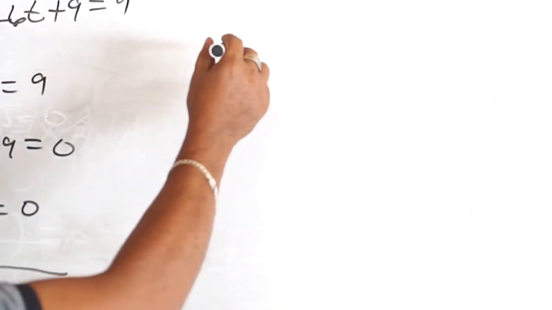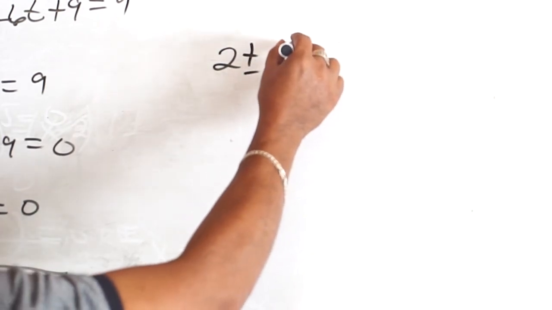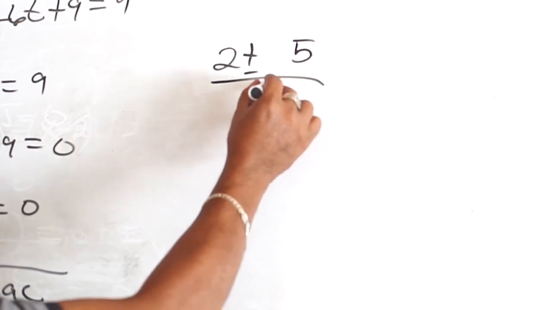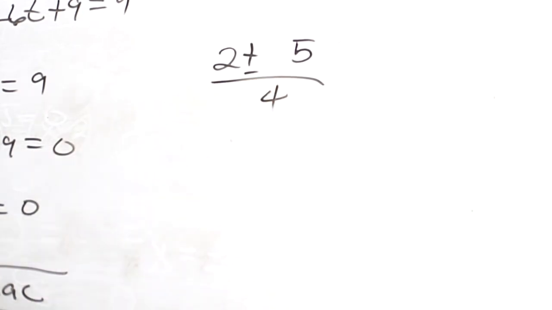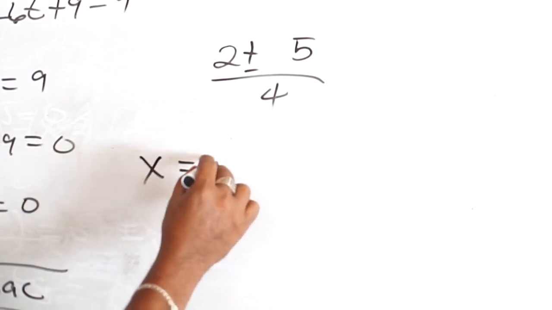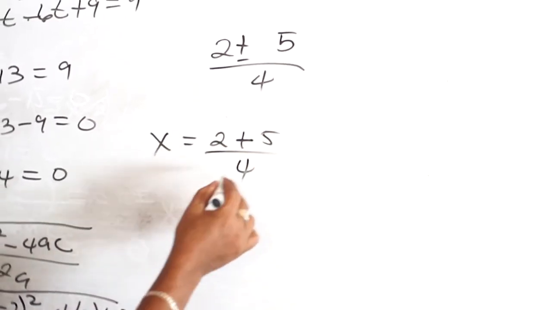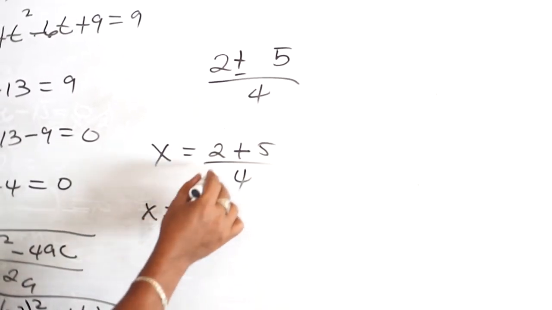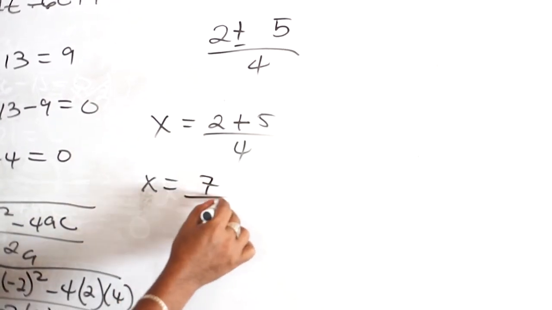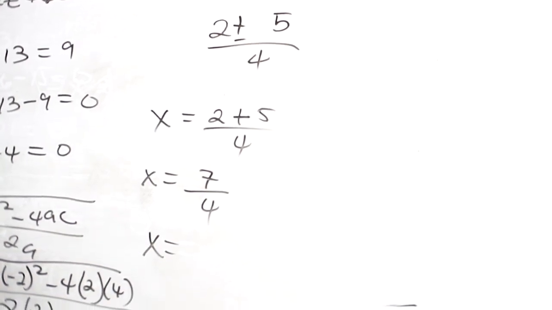Okay, so we have 2, positive and negative 5, then over 4. Okay, to solve the first element, so x is equal to 2 plus 5 over 4. Okay, so x is equal to, add 2 plus 5, that is 7, 7 over 4.